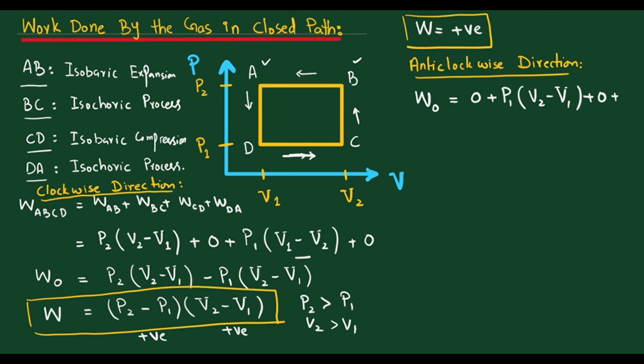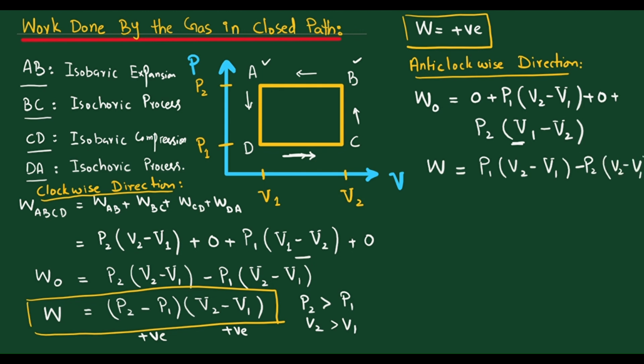And the fourth process, B to A, the work done is P2 into the change in volume, V1 minus V2. So now the work done in a closed path in the anti-clockwise direction is P1 into (V2 minus V1), and taking the negative sign from the second term, minus P2 into (V2 minus V1).